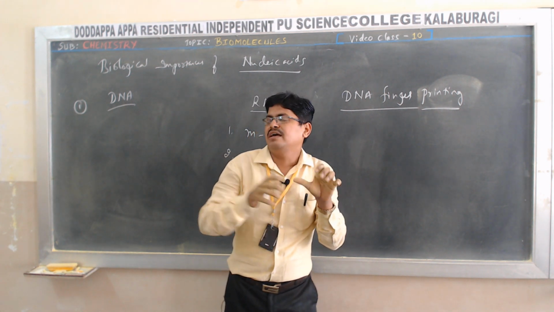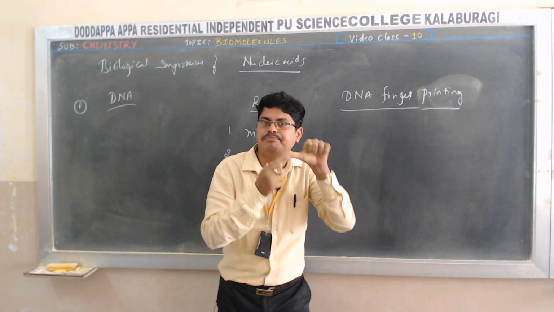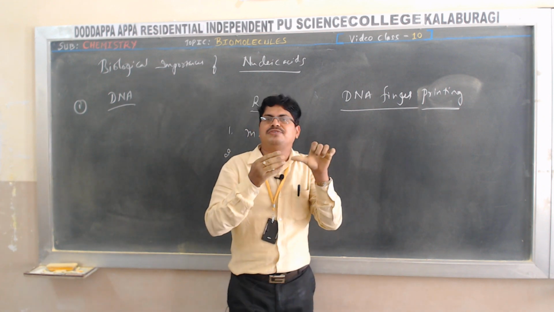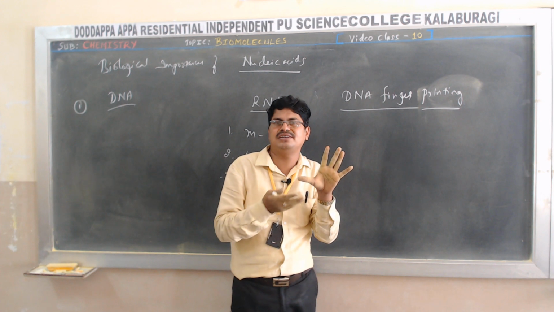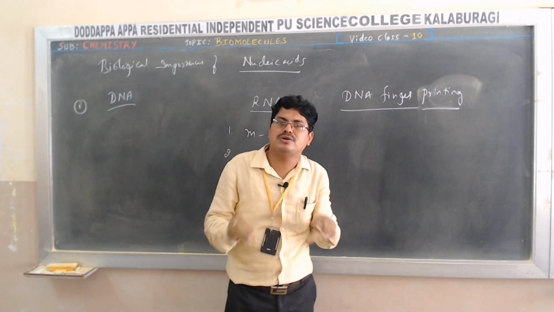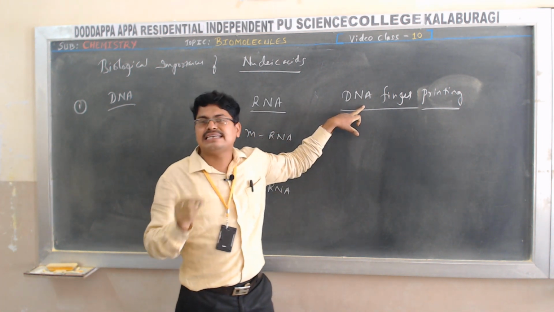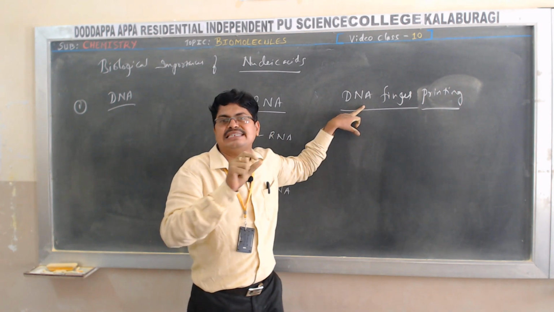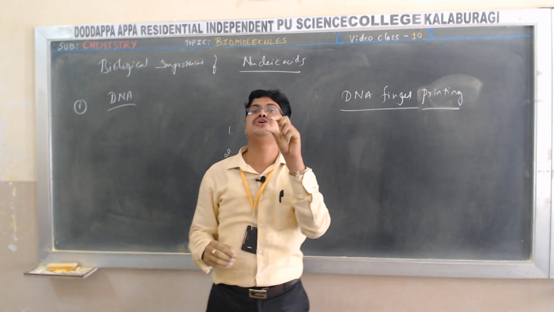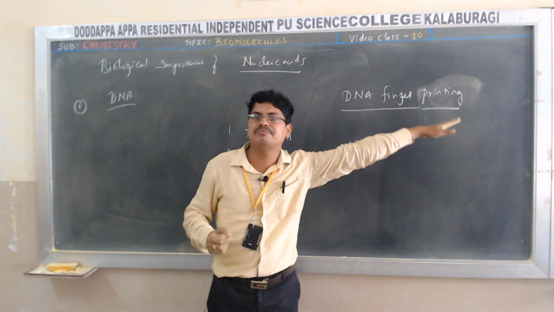We identify the individuals based on the unique fingerprints. Of course, those fingerprints can be altered by surgery, isn't it? But similarly, to identify the individuals, we use a sequence of nitrogen bases in DNA. That process is called DNA fingerprinting.